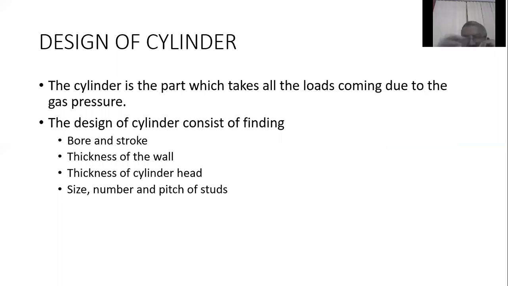There is something called a pressure vessel in which we can have boilers. A boiler is basically a pressure vessel. There will be an internal pressure developing inside the boiler, and the boiler has to completely resist that pressure.